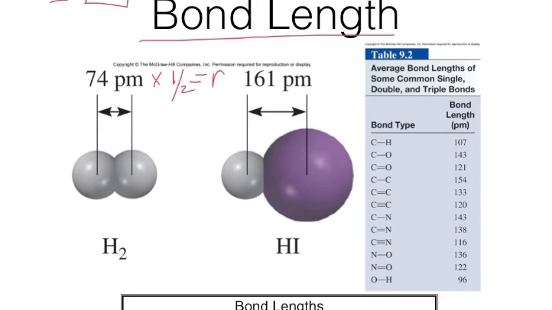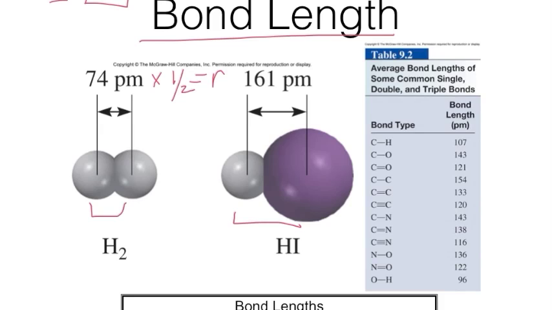So, for example, hydrogen to hydrogen, close together. Hydrogen to iodine, farther apart. Okay? In other words, that hydrogen is not necessarily going to be very closely attached to that iodine. Okay? Now, is it a perfect thing? It's not like Q1, Q2, and R. Okay?